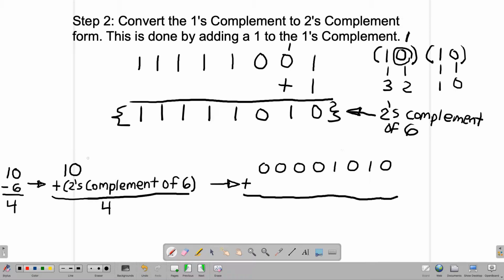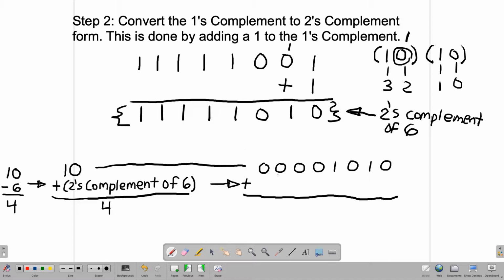So what I did at the bottom here, we started out originally with the value 10, subtract 6, and we produced the value 4. And then we said that computers do not understand subtraction, they only understand addition. So why not say we have 10 plus the 2's complement of the value 6. We should still get the value 4. And so what we have here, we have the value 10 converted to binary.